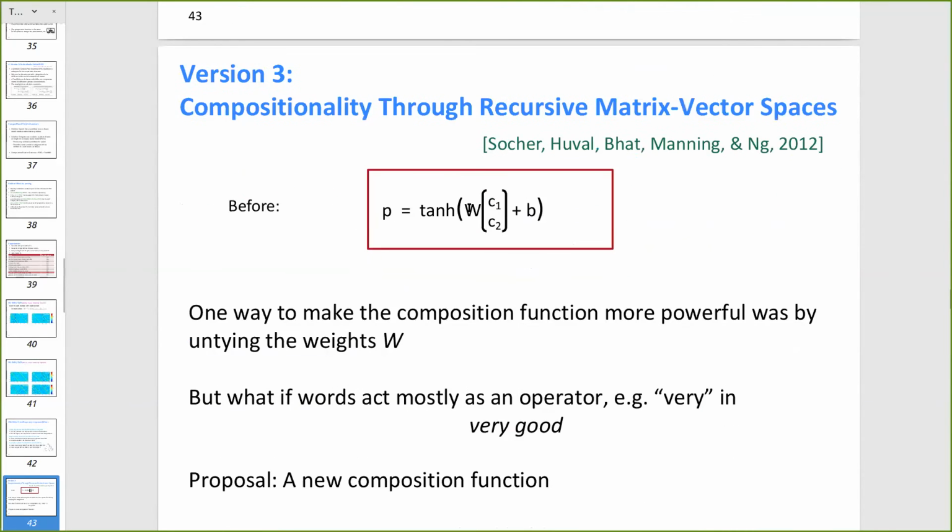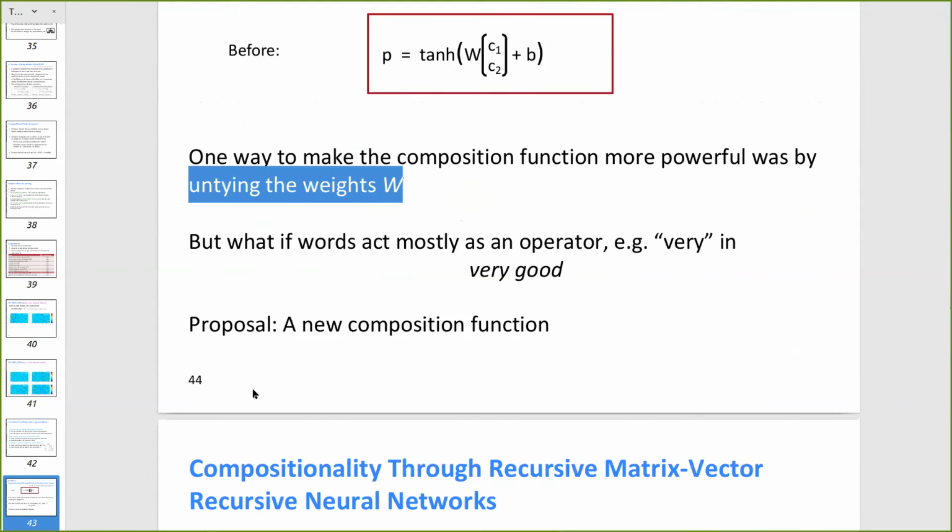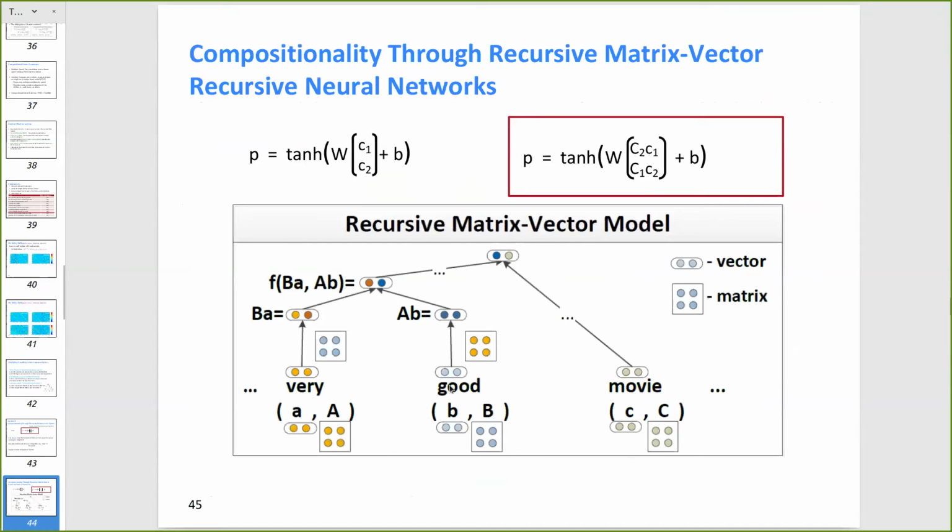Yeah, so we have a weight matrix here, and there's something called untying the weights. What exactly does that mean? Here we have a slightly different representation, with the words very good movie. Normally for every word we have one vector representation, but here for every word we have two representations: one is a vector and the other is a matrix.